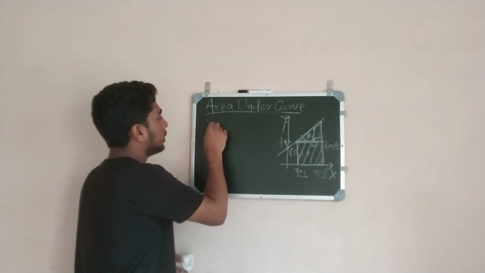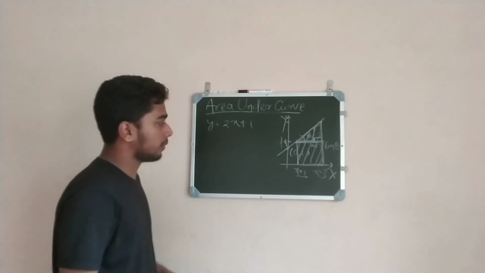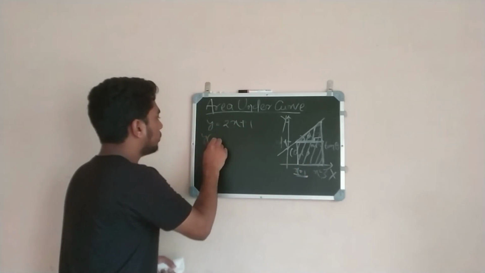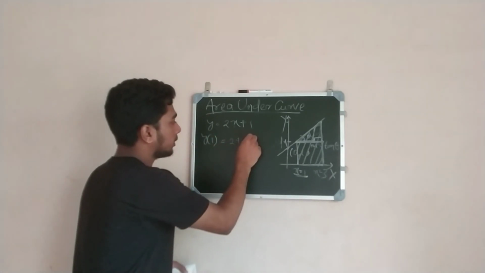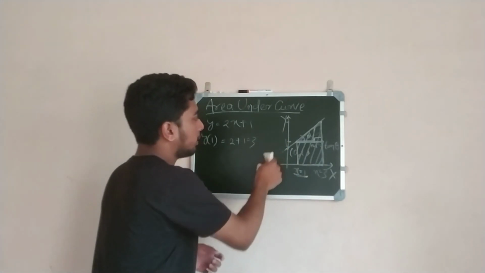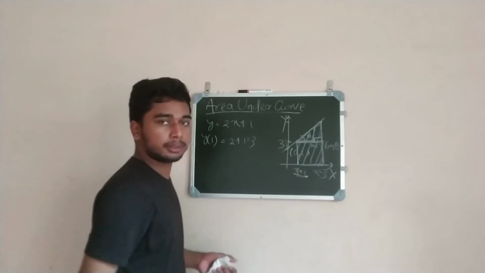So our equation was y equal to 2x plus 1. If I put x is equal to 1 here, then y of 1 will be 2 plus 1. So this is 3. So I find that this point is 3.